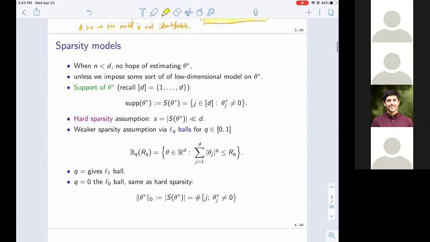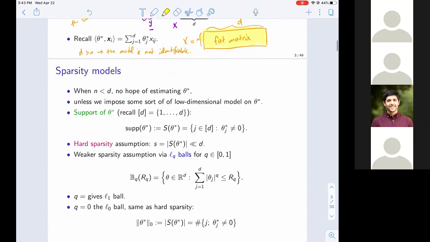Okay, so what does sparsity mean? Sparsity means most elements of theta star are 0 or small, let's say, slash irrelevant.